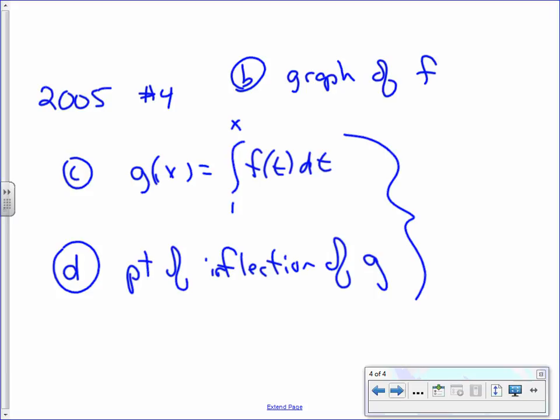Keep going through 2005, part B. I don't think there's one in there. For form B. No. Oh, no, there it is, 2005, form B number 4.